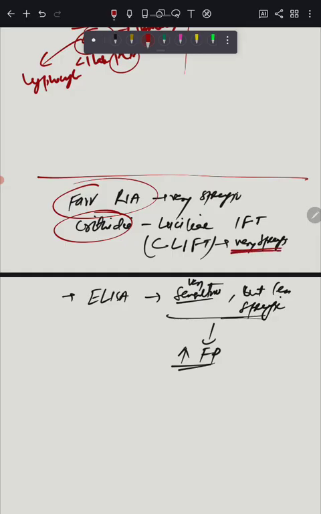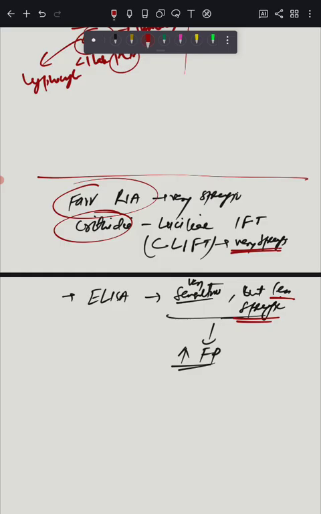ELISA is less specific compared to the other two. So to avoid labeling borderline or weak positives as SLE and to ensure specificity of the diagnosis, the SLICC classification criteria are designed to avoid over-diagnosis. That's why this 2 times upper limit cutoff for the ELISA method has been introduced.